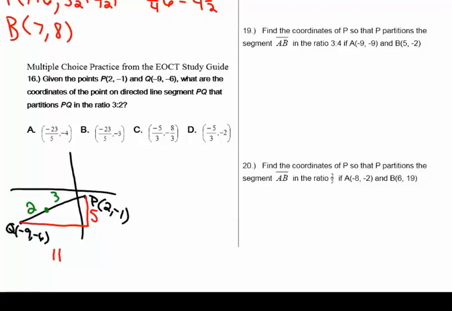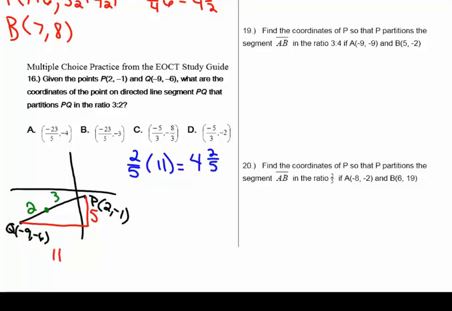Okay, and so we know that if we are going from P to Q, then we want to take, well, actually, at this point, it doesn't matter. Going from P to Q tells us where to put the point, how we're dividing our segment. But at this point, it doesn't matter whether we use the 2 or the 3 to get our new point. So we can say, all right, well, 2/5 of 11 gives us 22/5, which is 4 2/5, right?